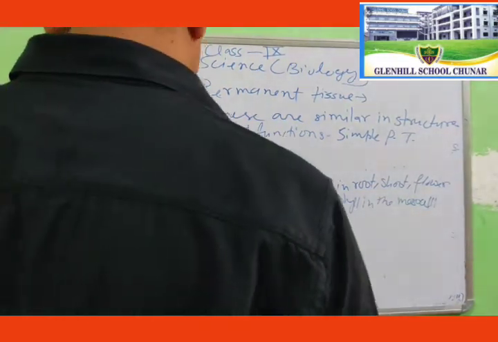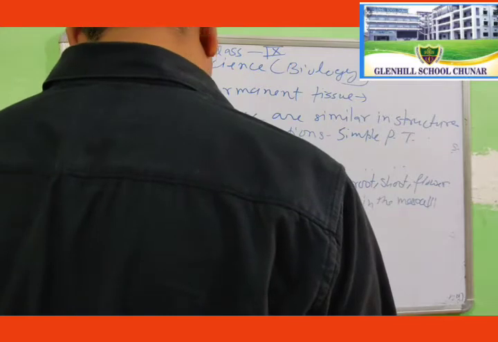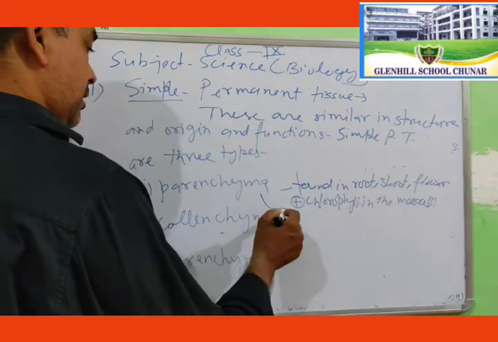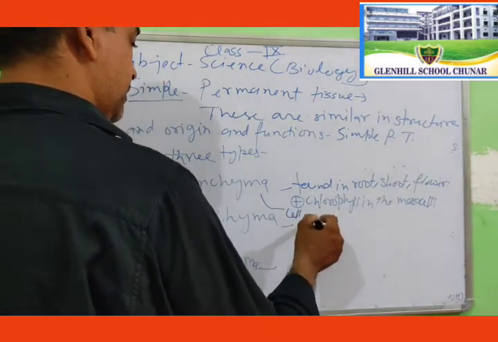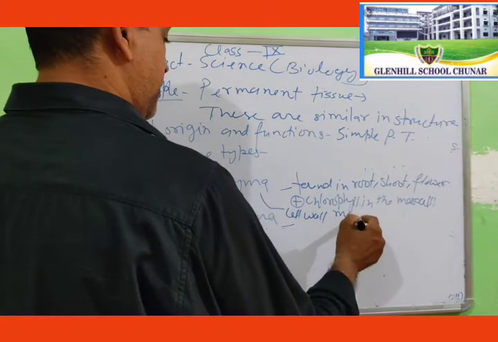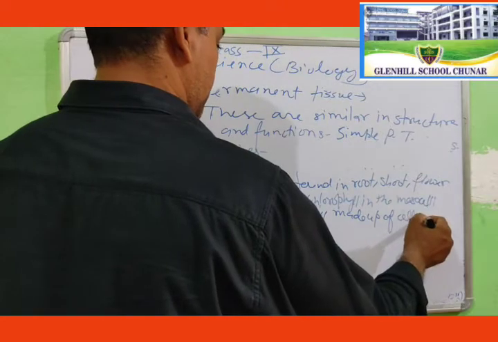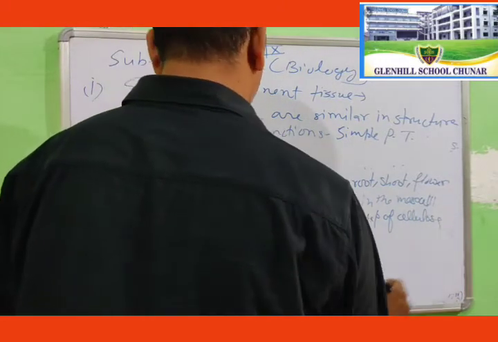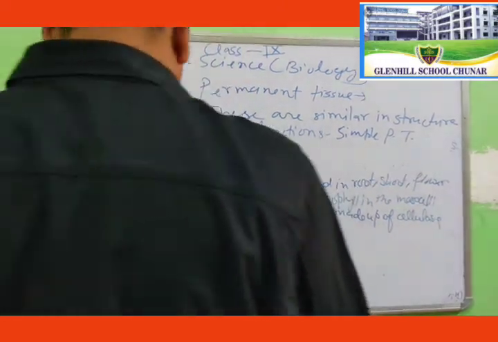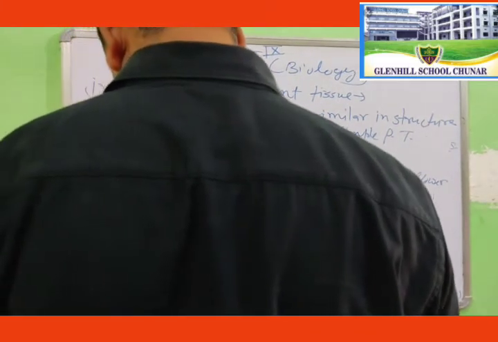Now you can write down the second clue about this. The cell wall is made up of cellulose, about parenchyma. Okay.